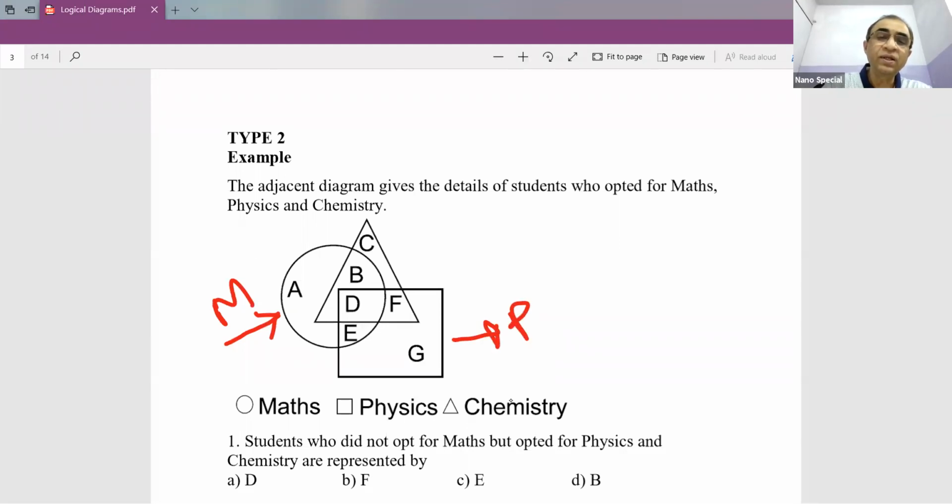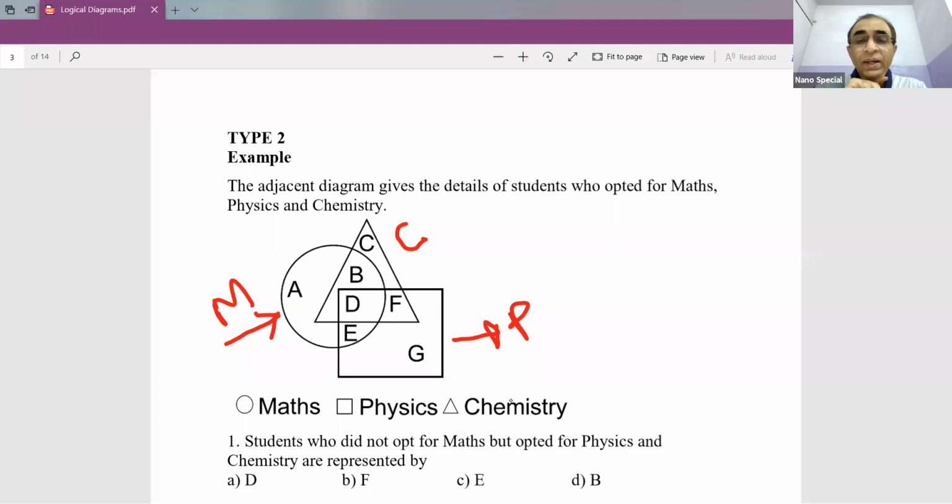Okay, and the triangle represents chemistry. So he's asking students who did not opt for maths but opted for physics and chemistry. Students who did not opt for maths means they'll be outside this circle.